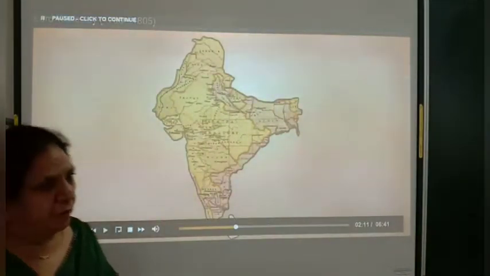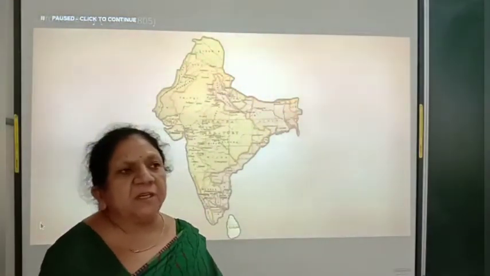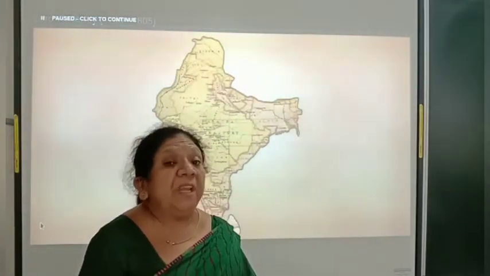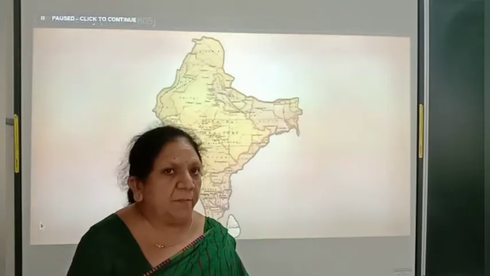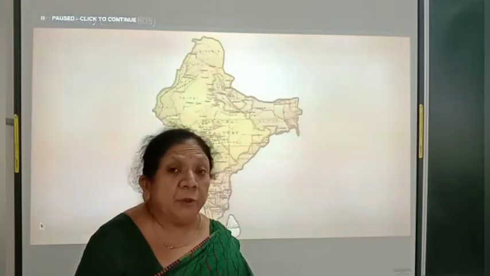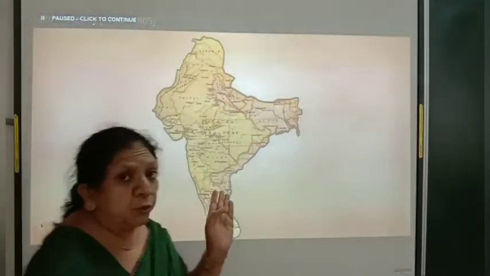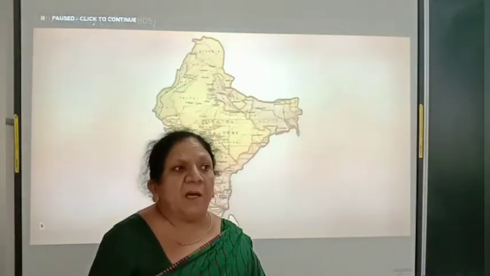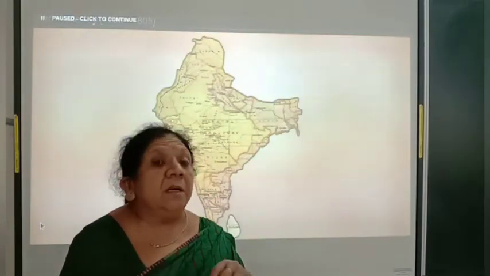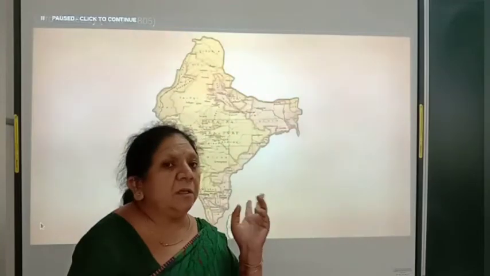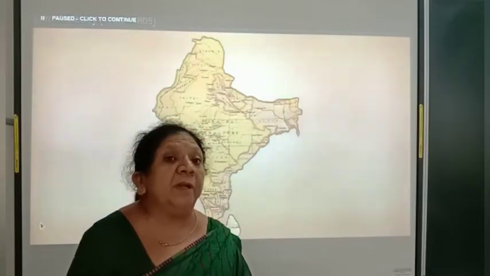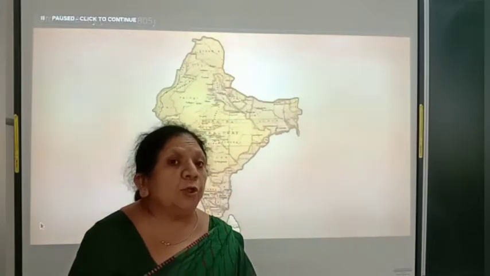See how the subsidiary alliance worked. Many states were asked to keep British armies. If they did not have armies, the British said they would give armies to the Indians, and the expenses of those armies had to be borne by the king. If they were not going to give money, they should give territories.